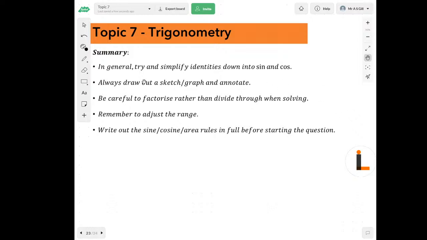Like we said here, always draw a sketch or a graph and annotate, going back to the questions on sine rule, cosine rule, and the area of a triangle, and making the diagram fit what we need it to fit, rather than always relying on the diagram as it's given to us. Okay.